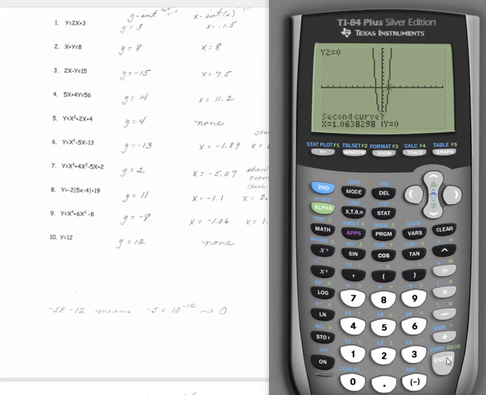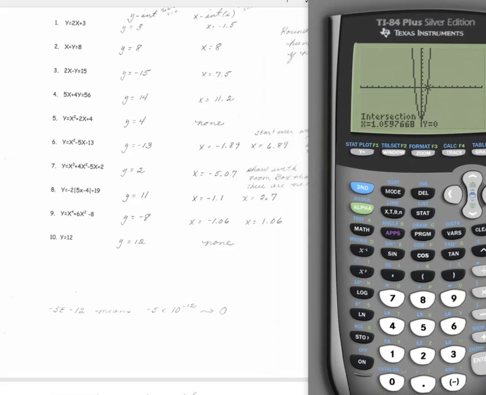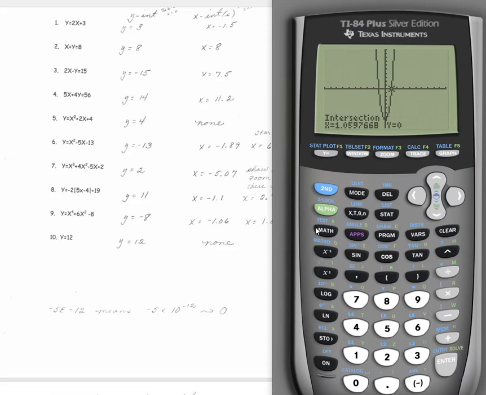And we'll hit 1, 2, 3, and we have a positive 1.05. All right, and our y-intercept, second table, and it's negative 8.